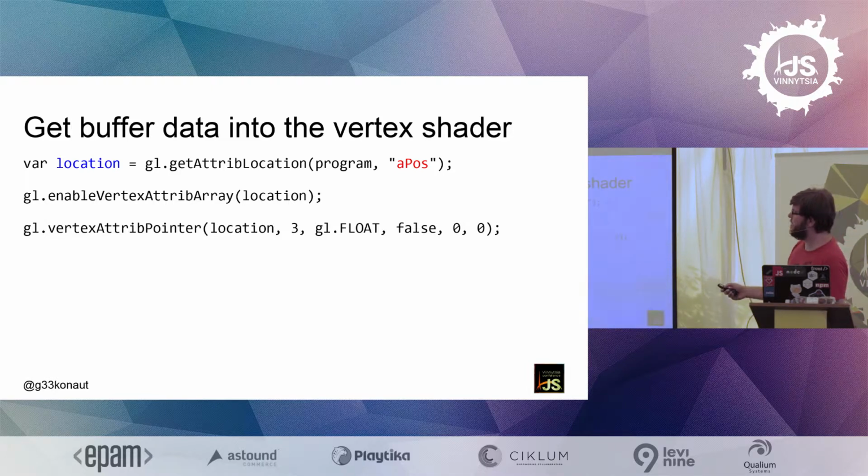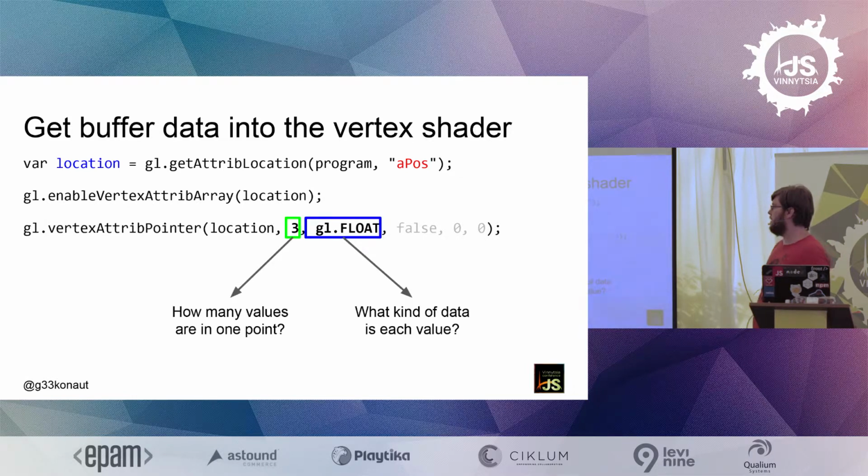Ignore these last couple of parameters, they are for special cases. The most important thing is we want to put in 3 floats. That means for each point we have 3 pieces of information: the x, the y, the z coordinate, and they are of type float. So now the program knows how much data to actually consume when it runs the vertex shader.